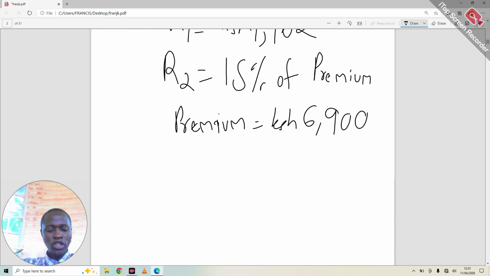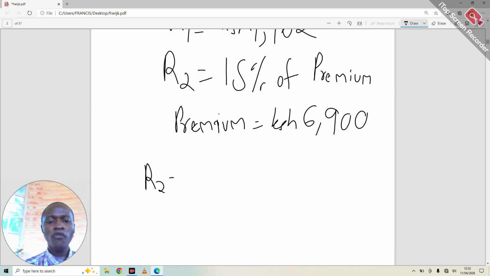We are being told to get the net tax. We already have the formula. We have the relief, we have the gross tax. Very easy. So, let's get the relief.